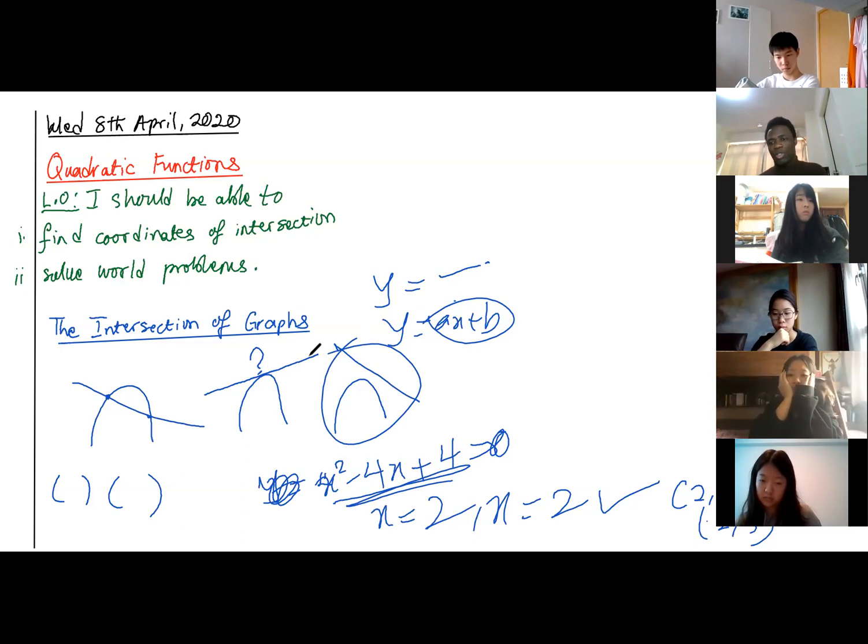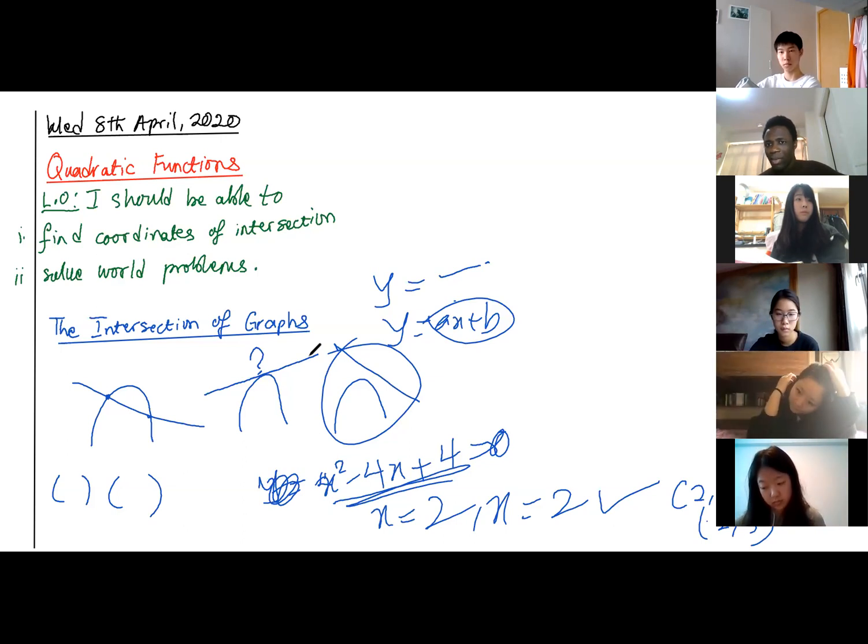One scenario is to have just 1 value of x after you solve the quadratic, which means the line and the curve meet at only 1 point. The last scenario is to have a quadratic equation that does not have a real root. It means they do not intersect on the xy plane. But on the complex plane, of course, you might have a solution.